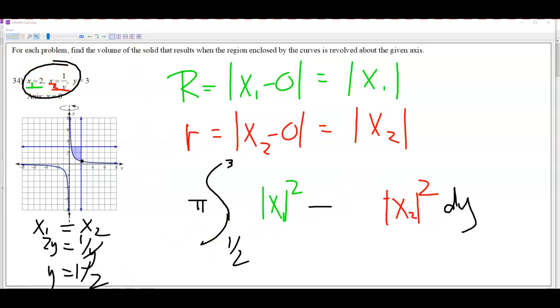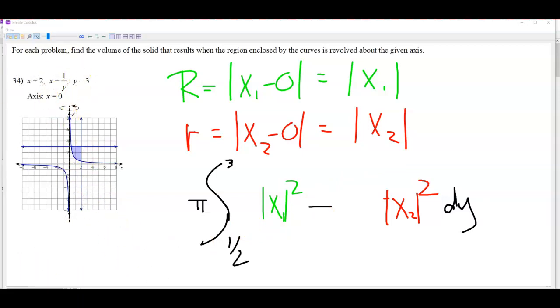Okay? But either way, once you go ahead and punch that into your calculator, you should get the following answer, 26.18. Now, when you're trying to put this into your calculator, once again, you got to keep in mind a couple of things. First of all, you're going to type that in like it's y1 equals 2, right?